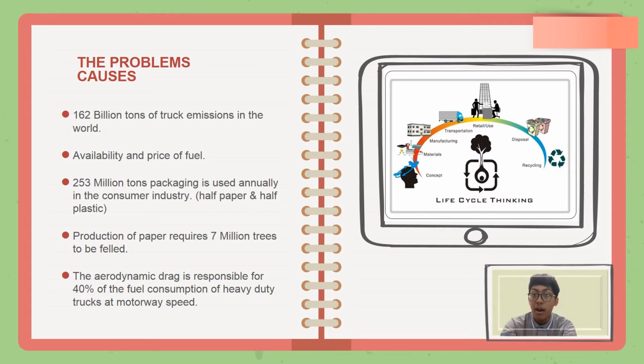That is half paper and half plastic. The production of paper requires 7 million trees to be felled. And the aerodynamic drag is responsible for 15% of the fuel consumption of heavy-duty trucks at motorway speed.